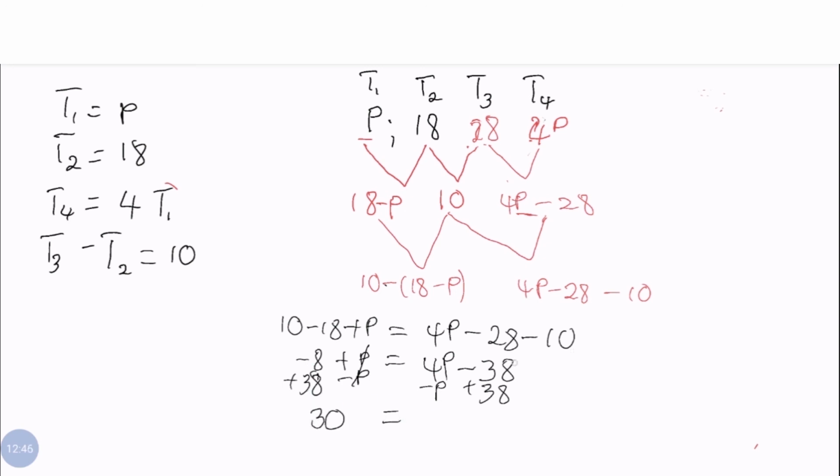All this is equal to 4P minus P, that is 3P, and this cancels. So we divide by 3 here and divide by 3 here as well. This is equal to 1, such that P is equal to 30 divided by 3, which is 10. So the value of P is equal to 10. So now we have determined the value of P.